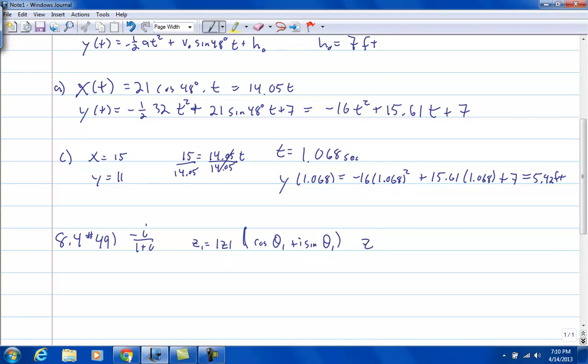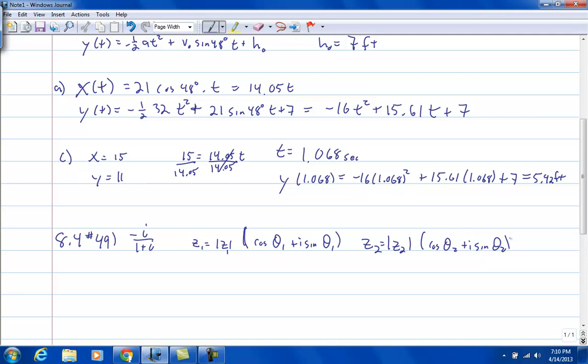And z2 will be the magnitude of z2 times cosine of theta 2 plus i sine of theta 2.